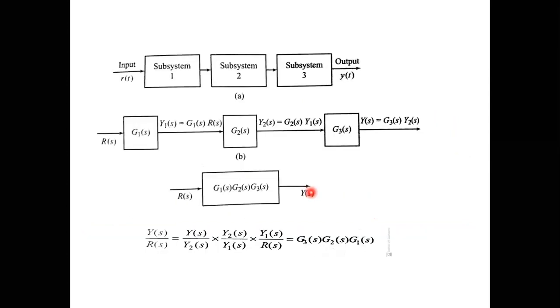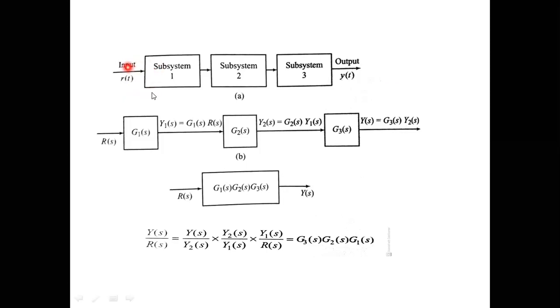Now here is a mechanism where you can see there are three subsystems in cascade. Subsystem one is subjected to input R(t) in the time domain, and we have to calculate the value of the output or the transfer function.